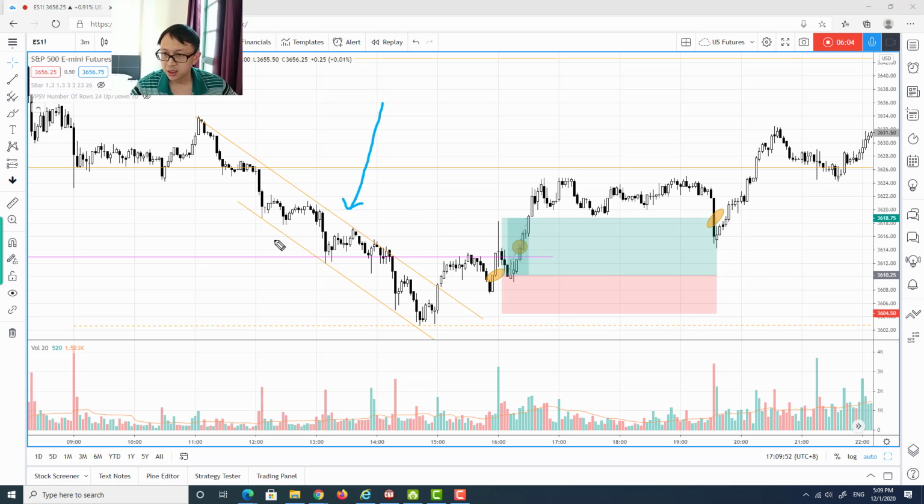For example, what I see here is the shortening of the downward thrust. What do I mean? Here is the progress to the downside, and you can see that the downward thrust is getting shorter, especially in this portion right there.